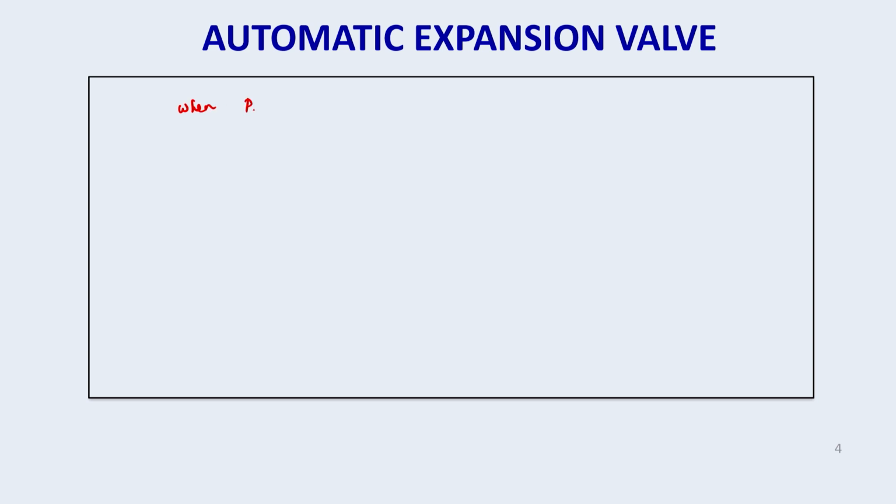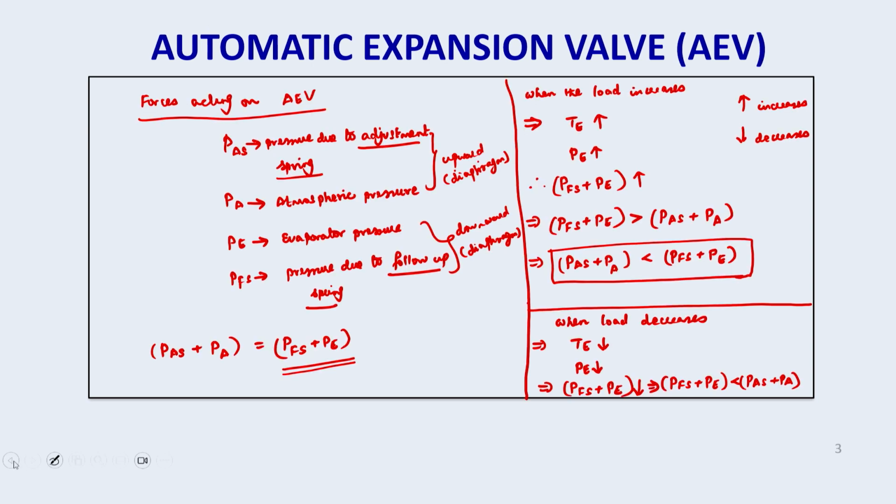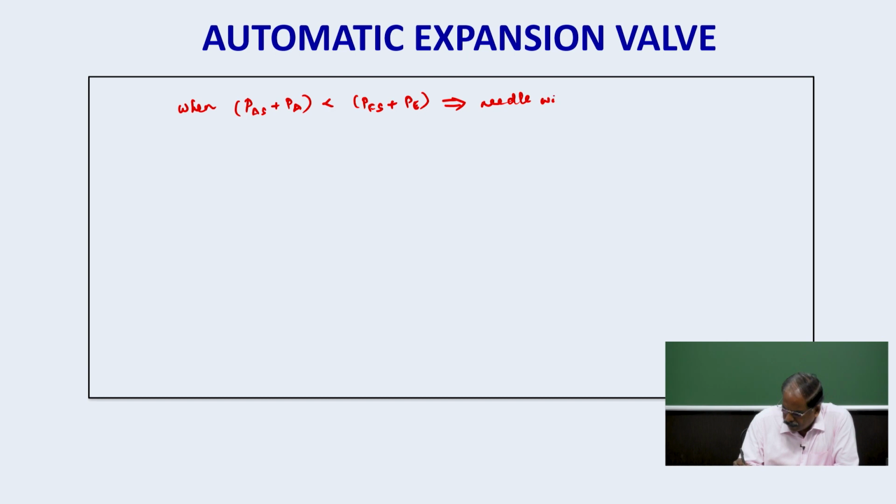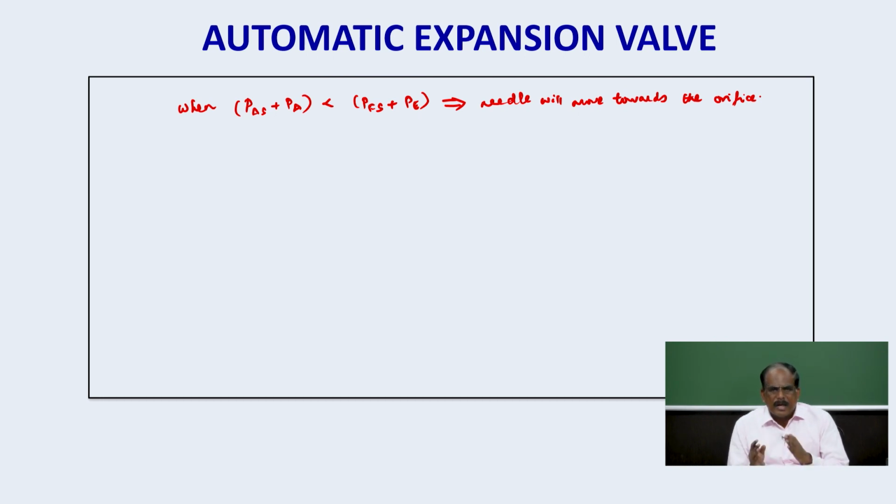When PAS plus PA is less than the sum of the force due to the follow-up spring and evaporator pressure, that is this condition, the needle will move towards the orifice, thereby making the valve opening narrower.